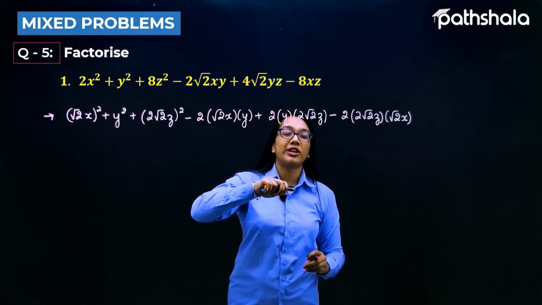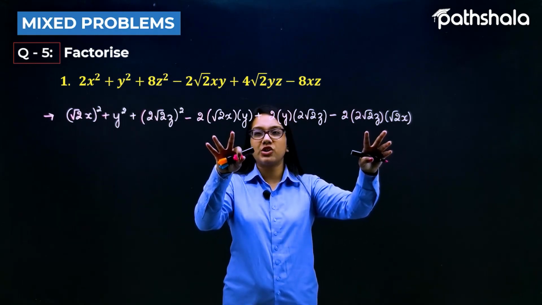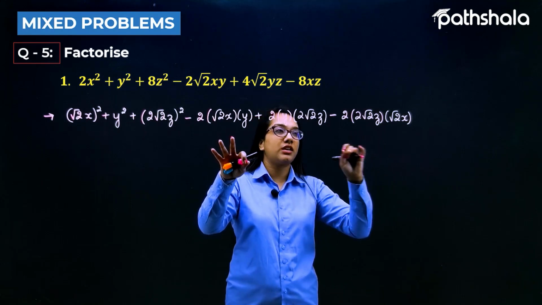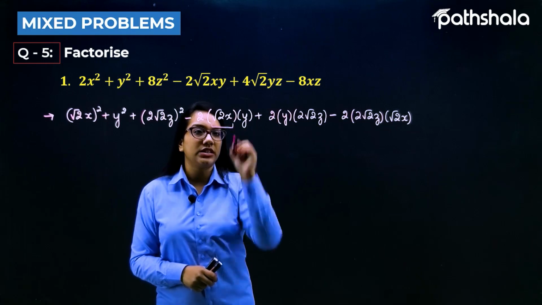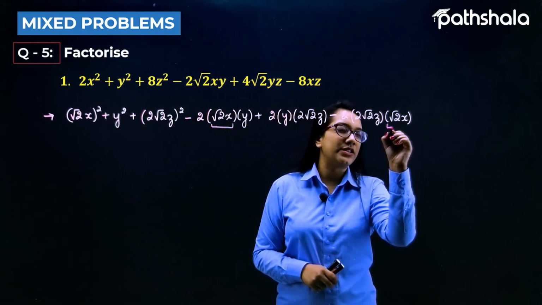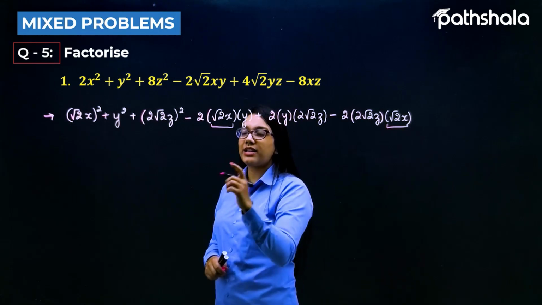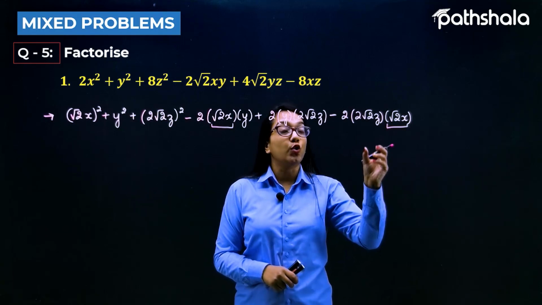So let's check out the negative signs. We have negative signs in these two terms. Let's see what the common term between these two is. It is definitely √2x, because √2x is present in this term and in this term as well. It means the negative sign occurring here and here is just because of this √2x.